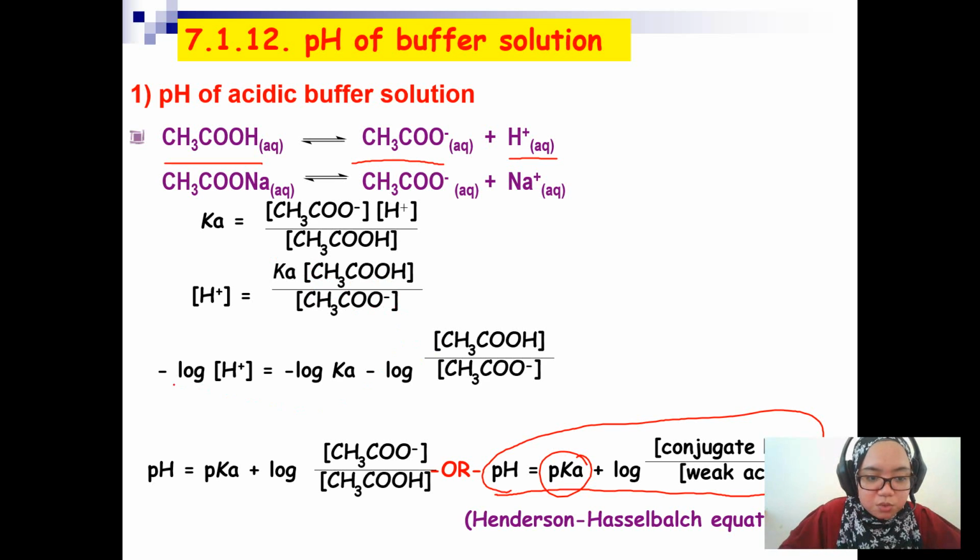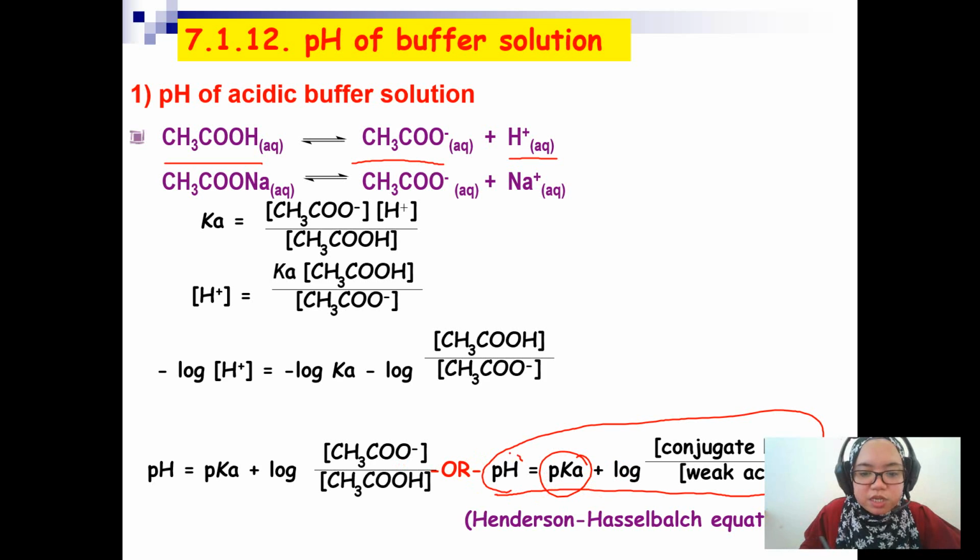Okay, so this one you want to cancel this negative log, right? So ini akan jadi pH, okay, equals to pKa, and then you nak terbalikkan sebab you nak dapatkan plus dekat sini, so you terbalikkan dia, you akan dapat plus log ethanoate ion divided by acetic acid. That's why you boleh dapat this kind of Henderson-Hasselbalch equation.